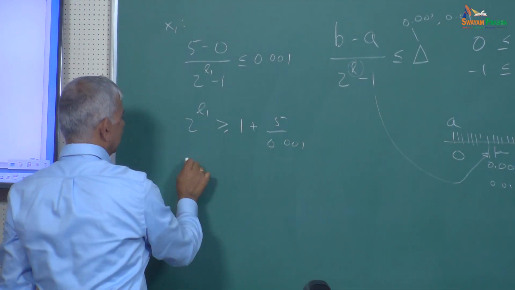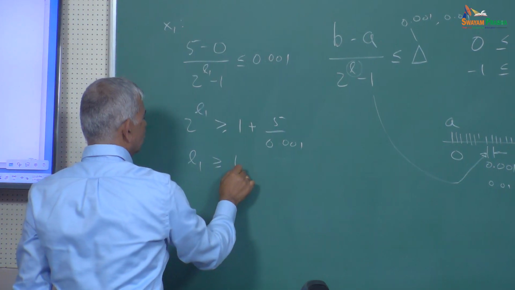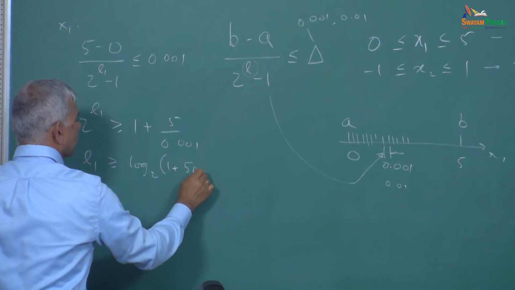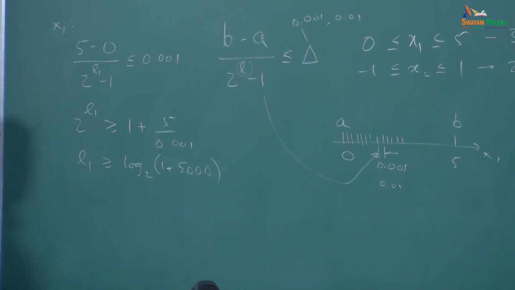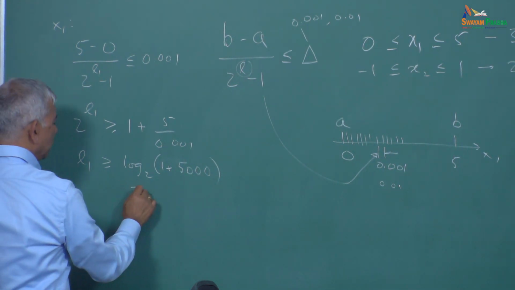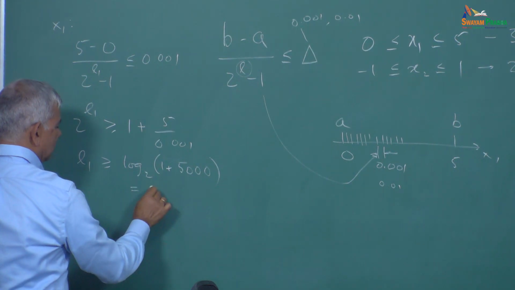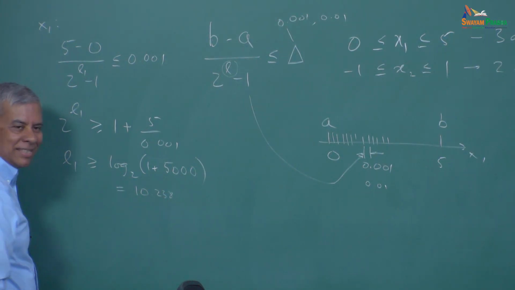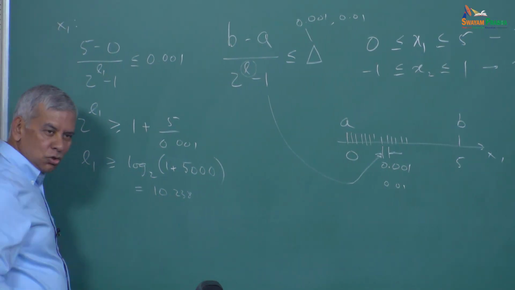So L1 is greater than or equal to log to the base 2 of 1 plus 5000. When you compute this you will probably get a non-integer. Let's say I don't know what this is, but 238.